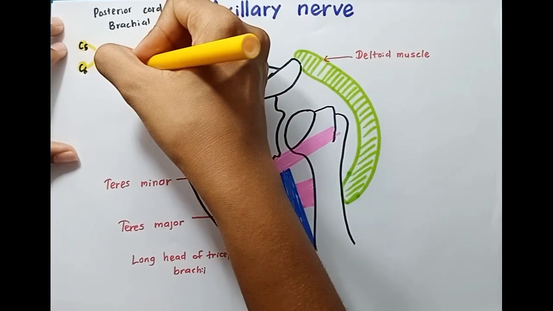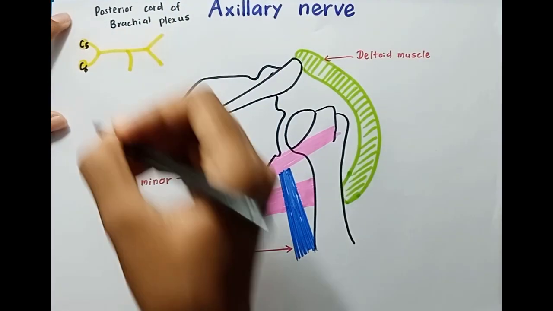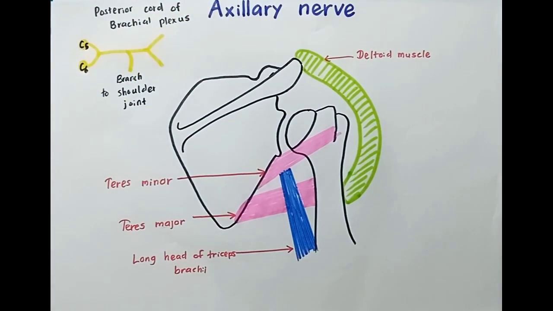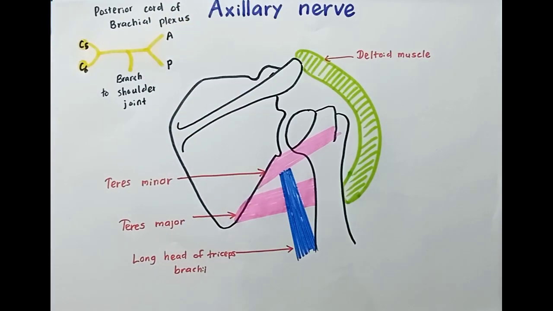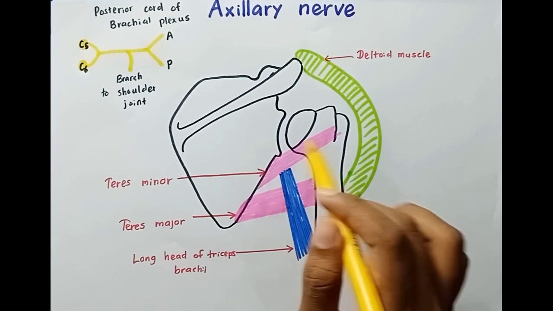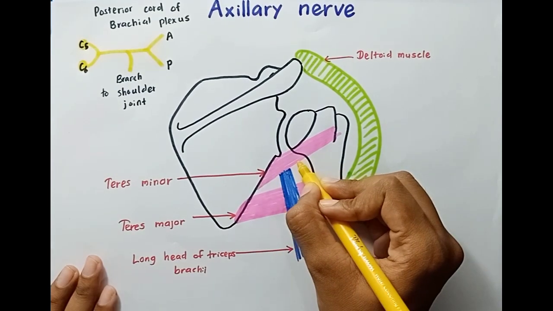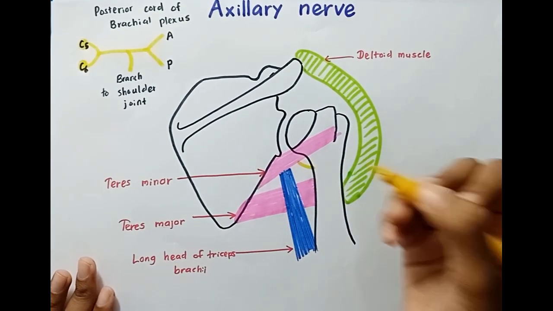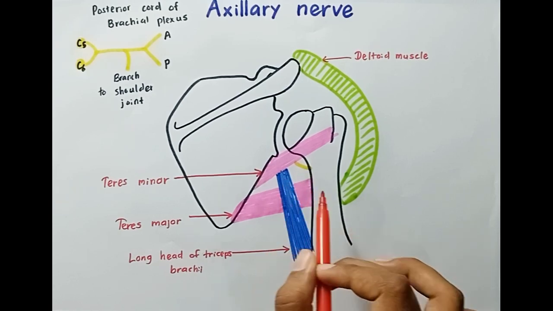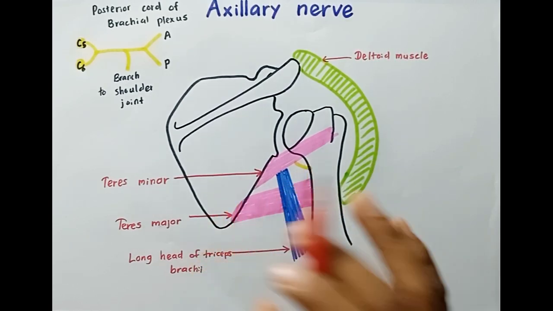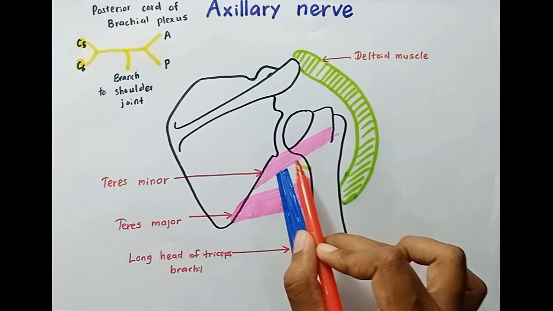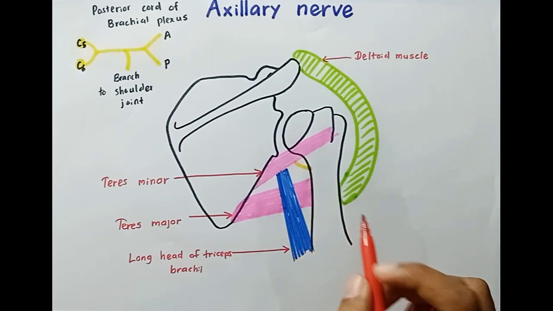So this axillary nerve passes through the quadrangular space. Here you can see that. Apart from the axillary nerve, the posterior circumflex humeral artery and vein also pass through this quadrangular space.